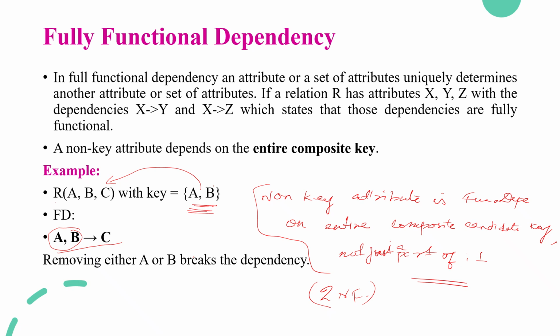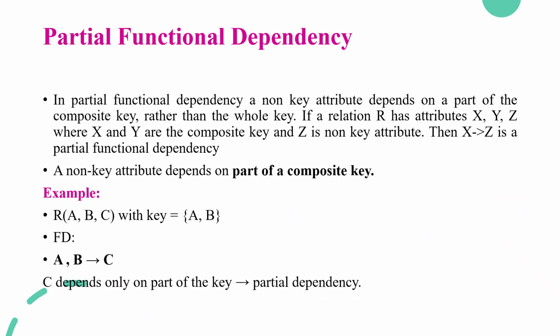Okay, so we'll move on to the next one. So partial functional dependency: a non-key attribute depends on a part of a composite key, rather than the whole key.